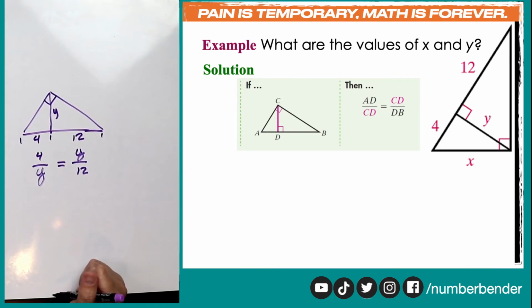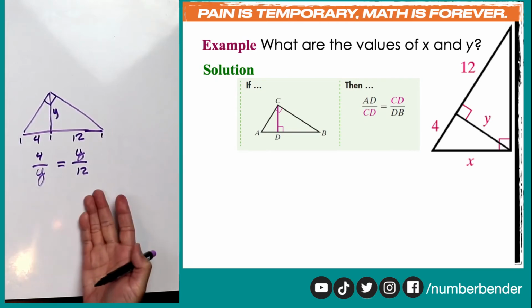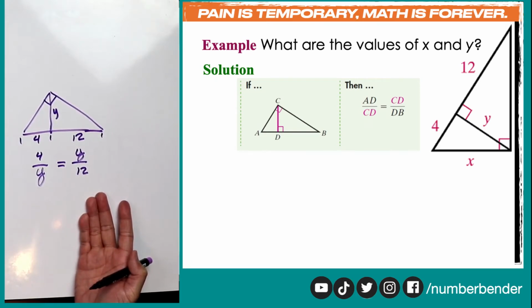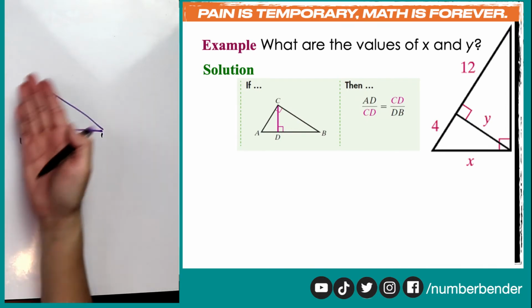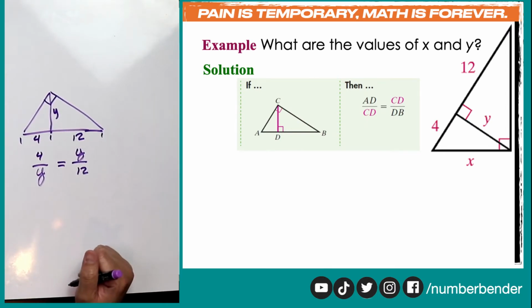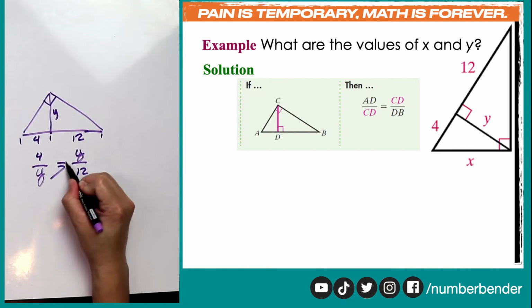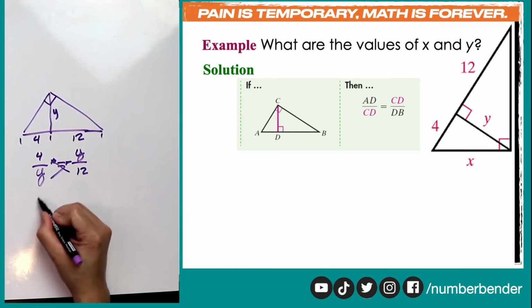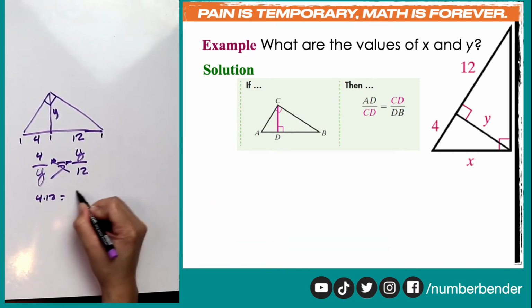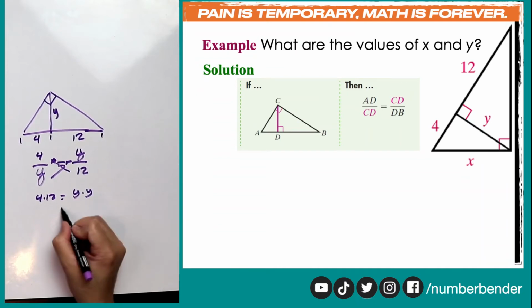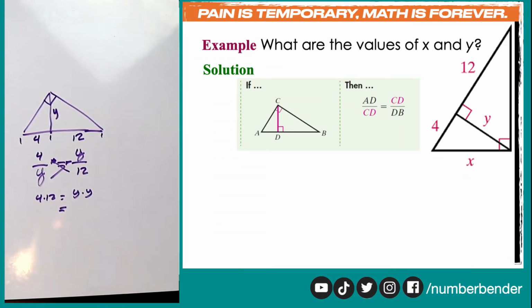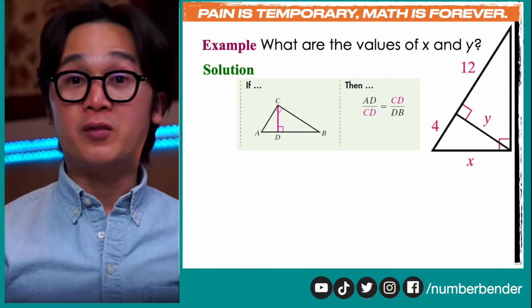And now that we have formulated our equation, which is the most important part of our problem in solving right triangles similar to this one, we can now use algebra and perform cross product. So we will have 4 times 12 equal to y times y. And from here, we'll be able to solve for the value of y, just like what we did in our previous example.